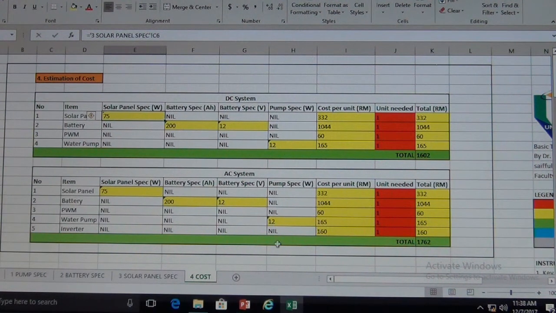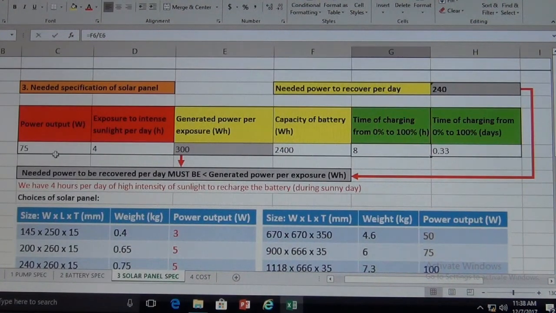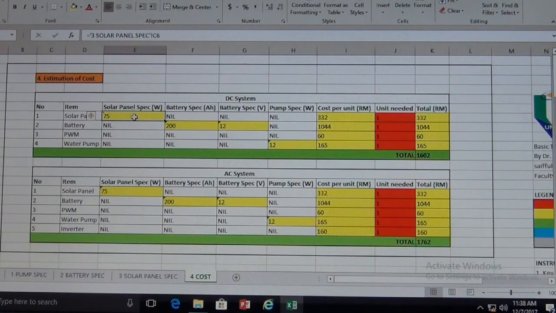So okay, if you want to use the 75, this is automatically calculated. For example, you click 75, it is referring to tab solar panel spec, C6. The thing that you key in here automatically keys in over here, and automatically will give you the cost for the unit.